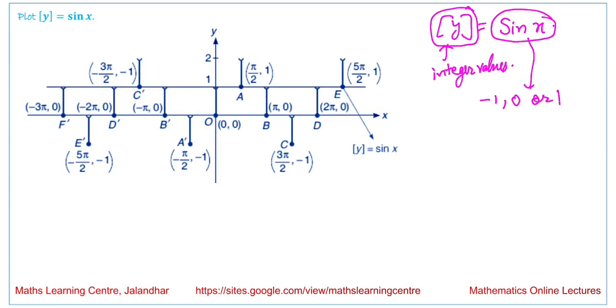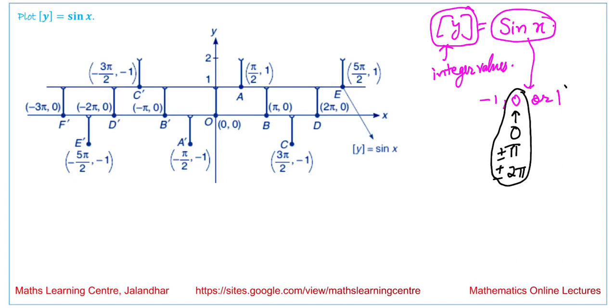Sine x will attain the value 0 at the point 0, then at pi, then 2 pi. Similarly it will attain the value at all these points, plus minus, and the value of this function will be 0.